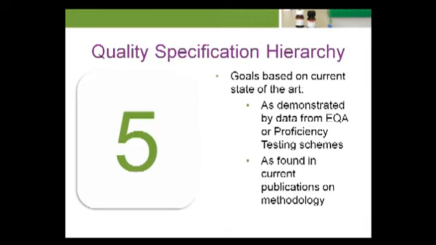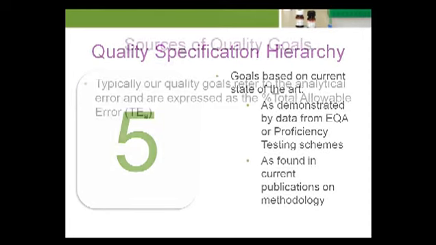Current state-of-the-art generally refers to the median performance of a group. State-of-the-art is not related to the clinical settings. It simply focuses on identifying what the average quality of a test is. Half the laboratories in a given group will have higher performance.